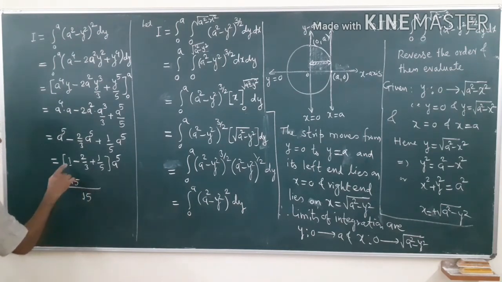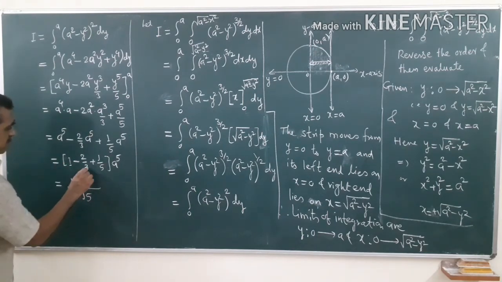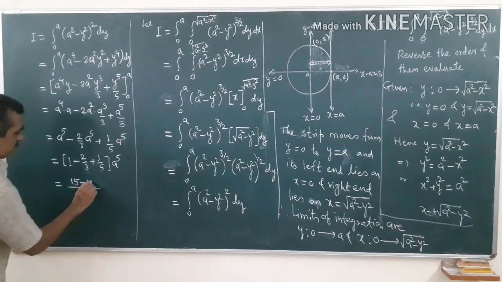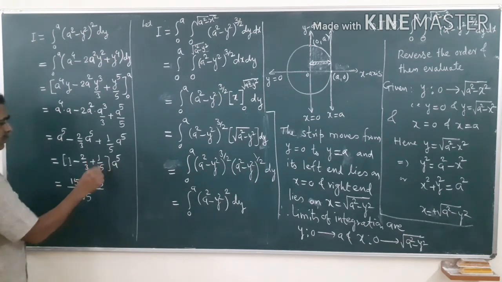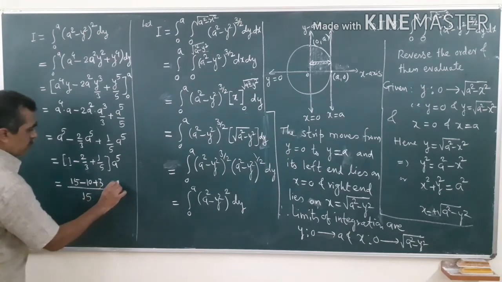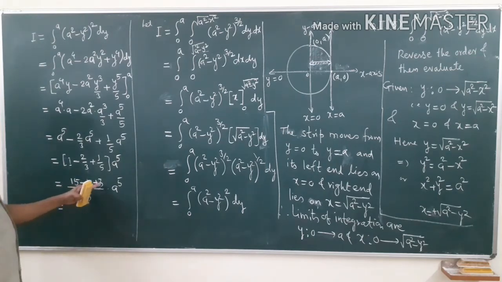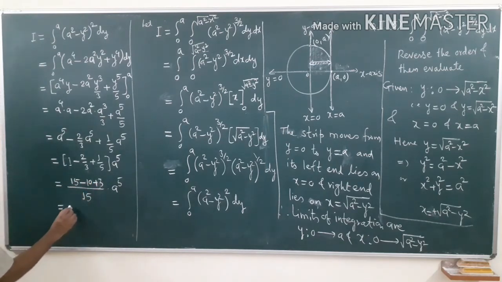So 15 minus 10 plus 3, that is 8. So 8 by 15 a raised to 5.